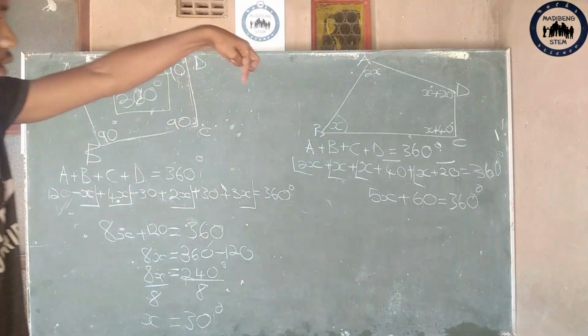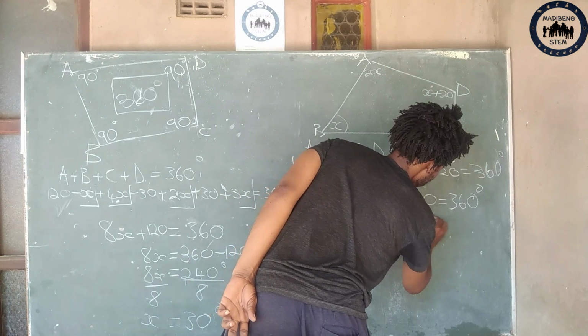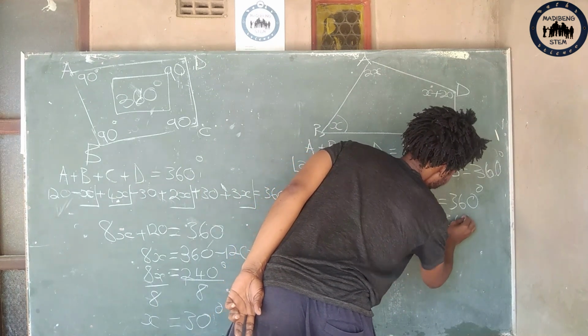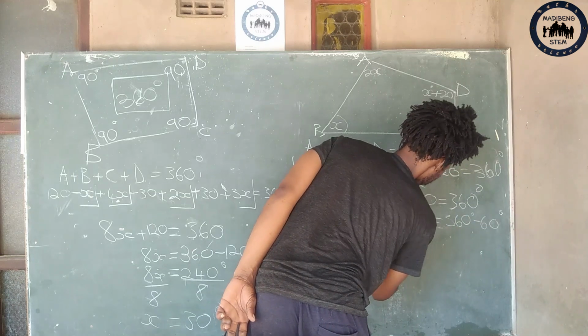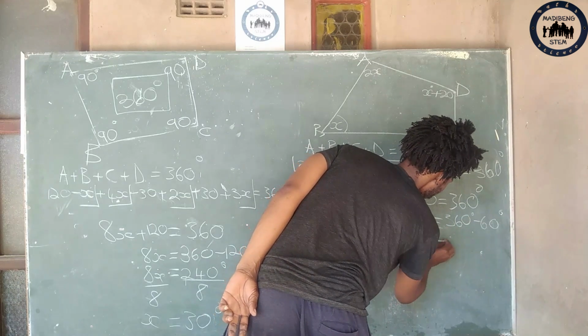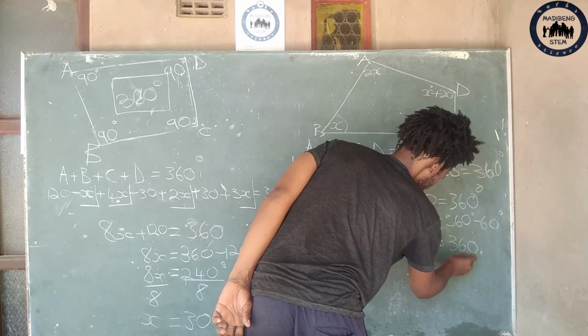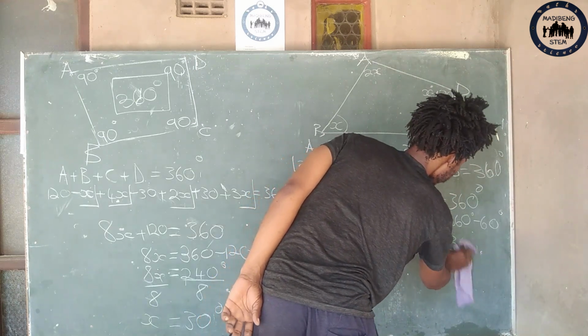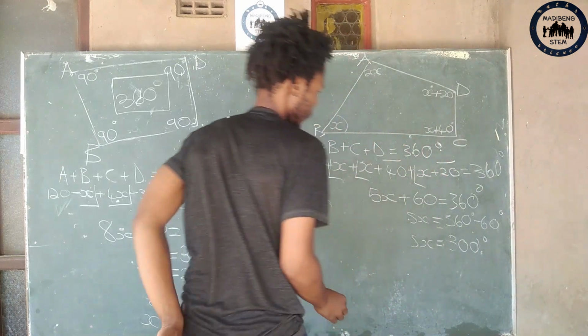We take 60 to that side. When we minus 60, we get 300 degrees.